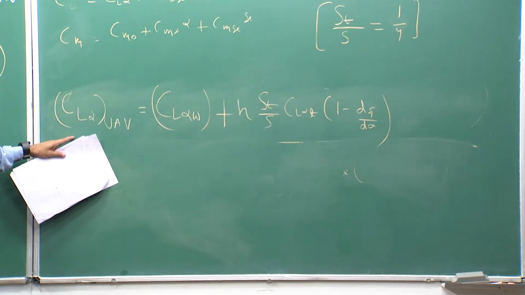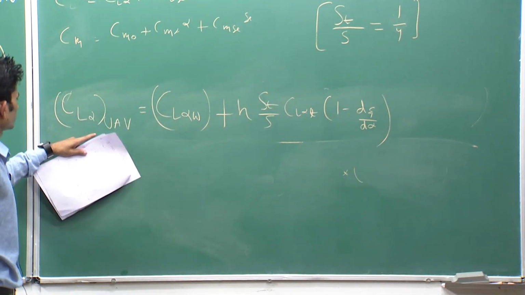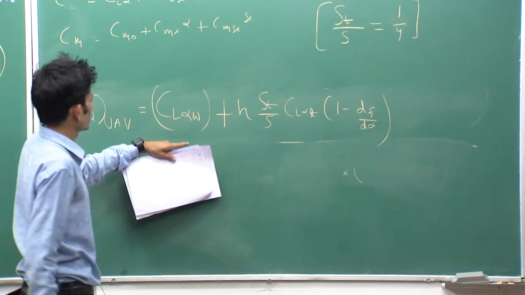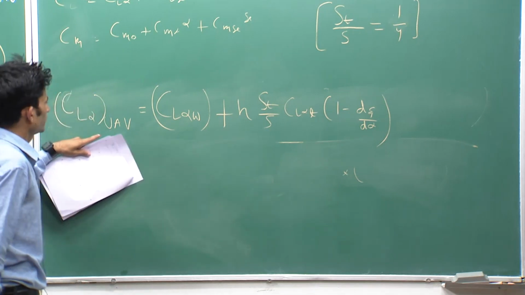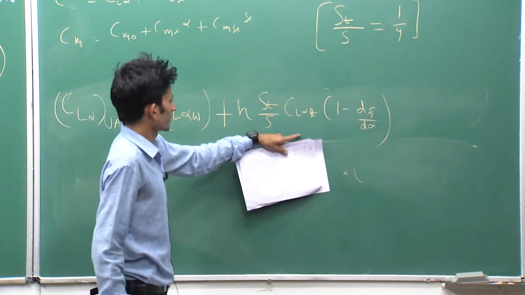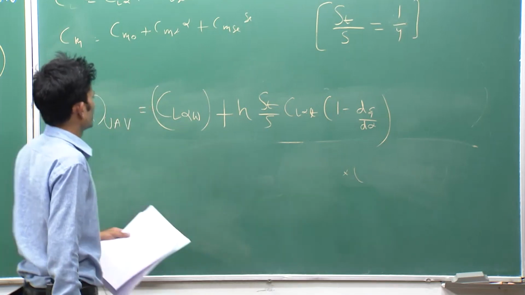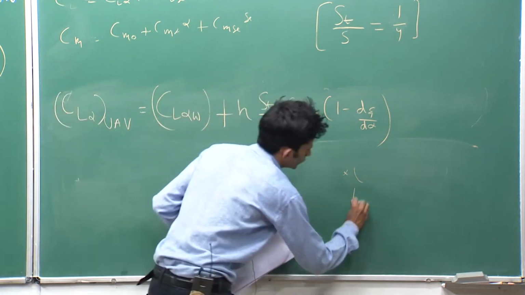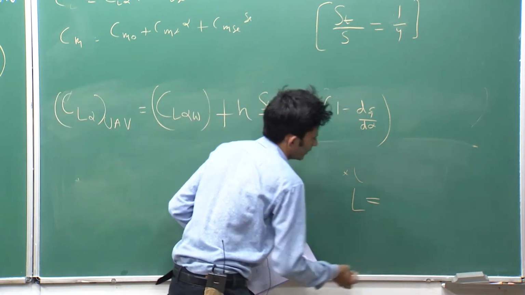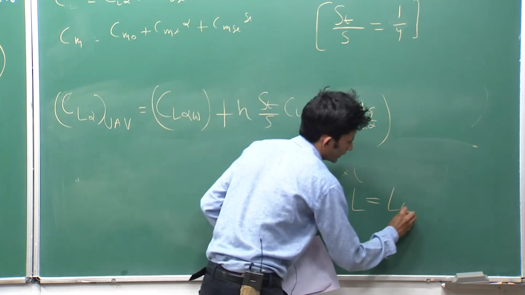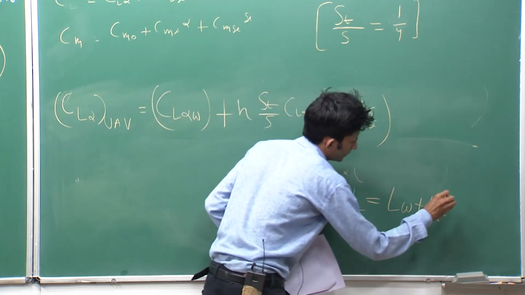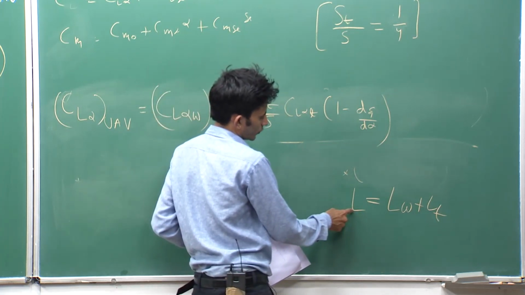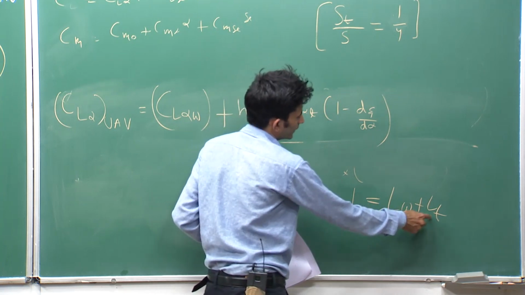Sir has already given you the derivation of how you get CL alpha of the complete aircraft using CL alpha of the wing and CL alpha of the tail. If you use the first principle, total lift of the UAV equals lift of the wing plus lift of the tail, you will get this.